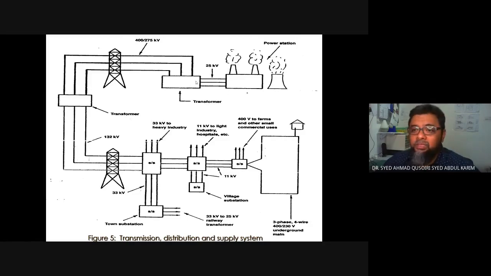So even though this 25 kilovolts sounds a lot, but it is not, especially for long transmissions. So what we need to do is to boost up this voltage into, depends on the demand lah, 275 kilovolts or 400 kilovolts. That's 400,000 volts.